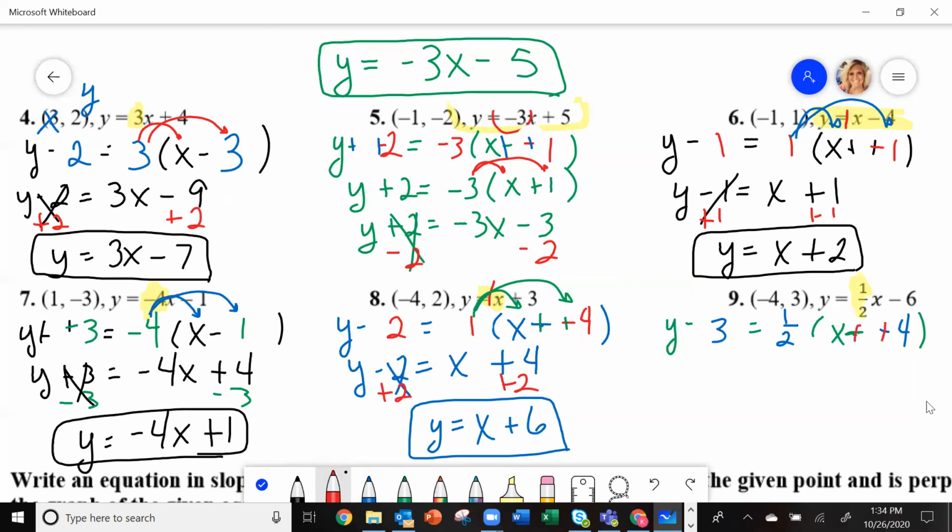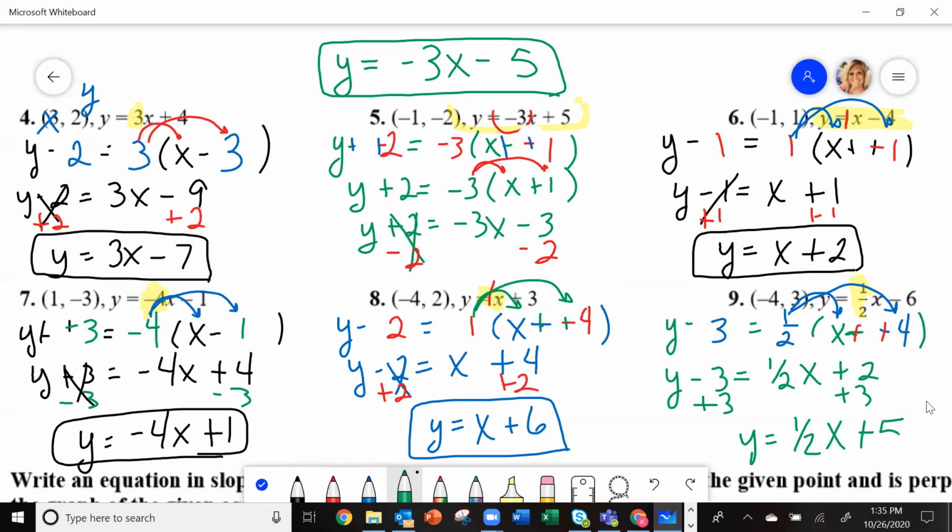Change them to positive. So now I have y minus 3 equals 1/2 times x, 1/2 times 4. So I get 1/2 x plus 2. Add 3 to each side. You should have gotten y equals 1/2 x plus 5.